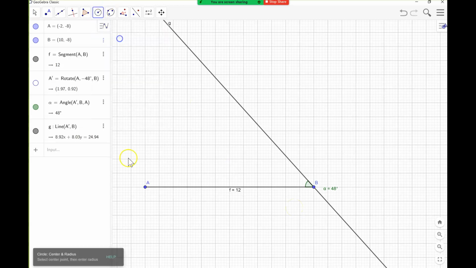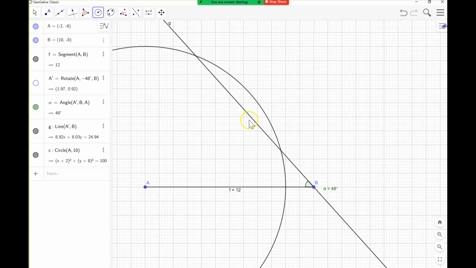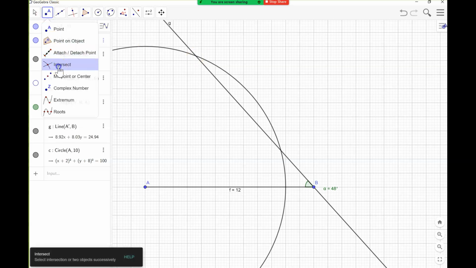To do that, I'm going to make a circle with radius 10. Notice that circle intersects that other side at 2 separate places.